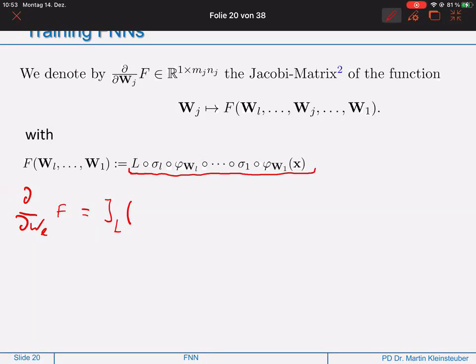The point where we want to evaluate that is sigma L phi W_L, down to sigma 1 phi W1, applied to X, followed by matrix multiplication by the Jacobi matrix of the second function here.